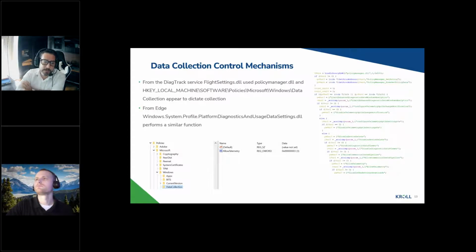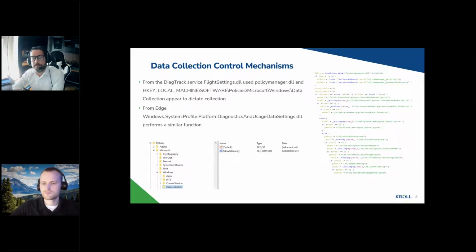That DLL wraps calls into PolicyManager.dll, and we can see on the right-hand side some of the different registry values that are checked by PolicyManager.dll, and then back into FlightSettings.dll. So these types of registry keys definitely seem to indicate that this is how we decide if we should enable or collect the telemetry packages.